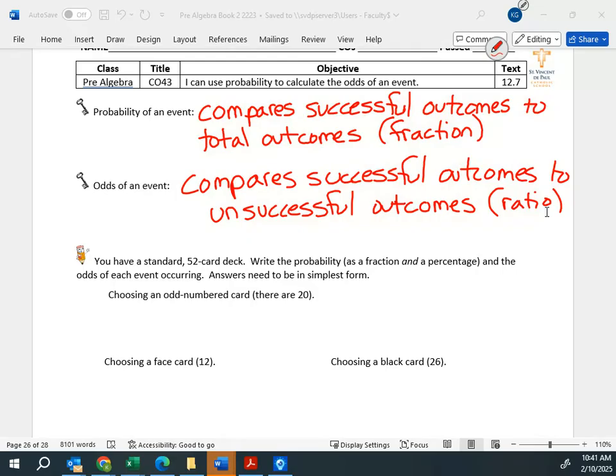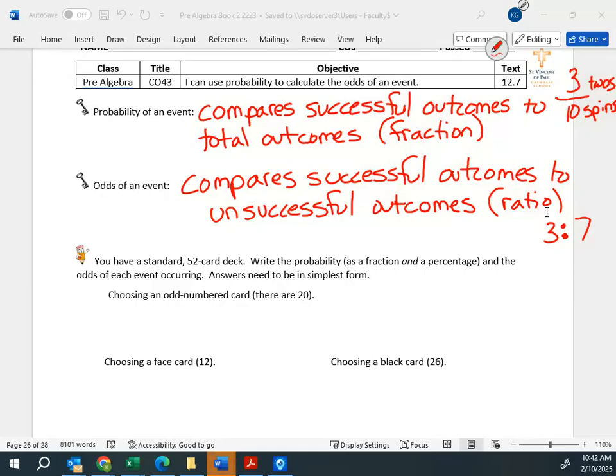We wanted that 2, so that's 3 successful to 10 spins. How would I change that up for the odds to put it as a ratio? I have my 3 successful to what? What do you think, Hadley? 7 unsuccessful.